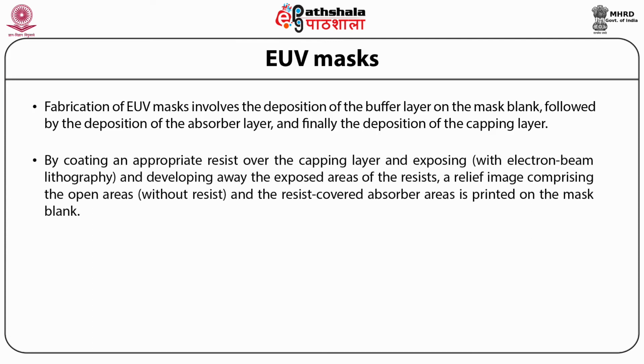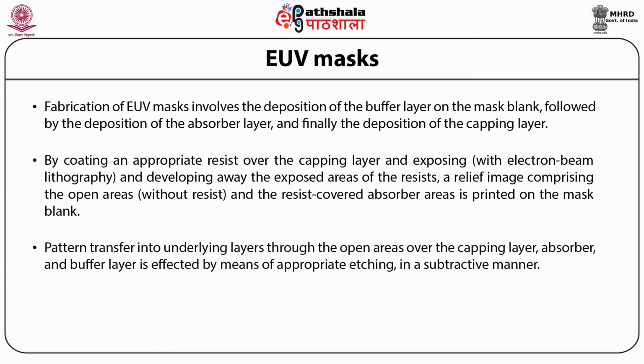So, by coating an appropriate resist over the capping layer and exposing with electron beam lithography and developing away the exposed areas of the resist, a relief image comprising the open areas without resist and the resist covered absorber areas is printed on the mask blank.